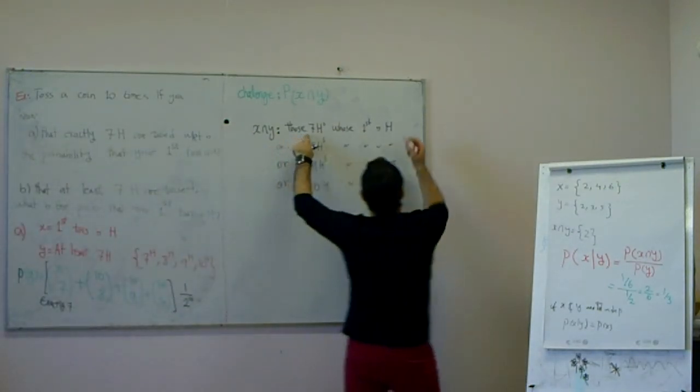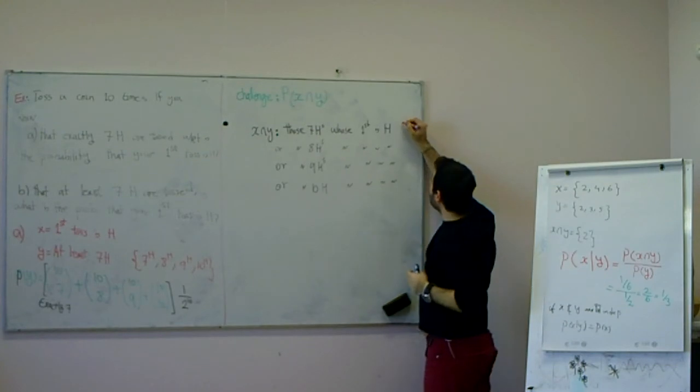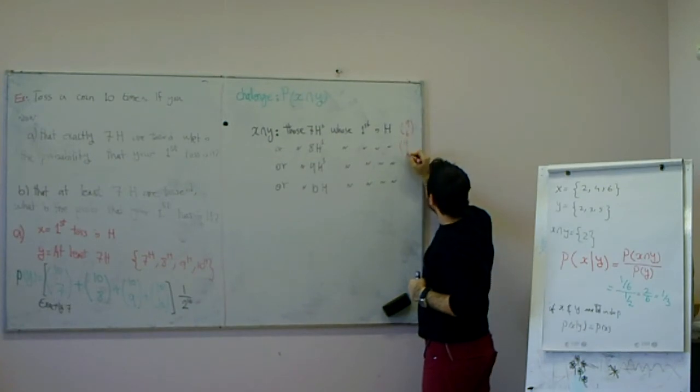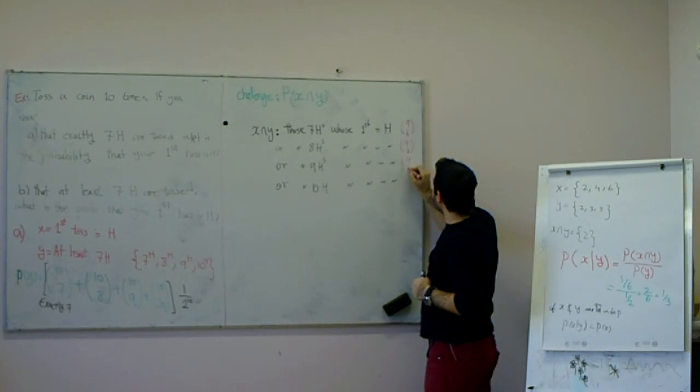What was this one? 1 multiplied by C(9,6). This is 1 multiplied by C(9,7). This is 1 multiplied by C(9,8). This is 1 multiplied by C(9,9).